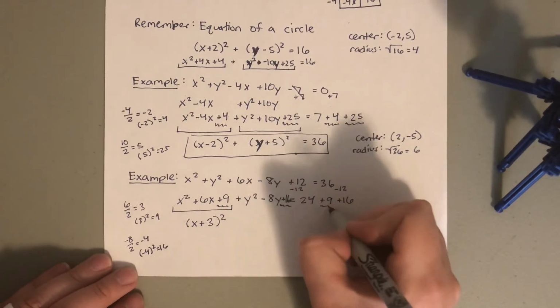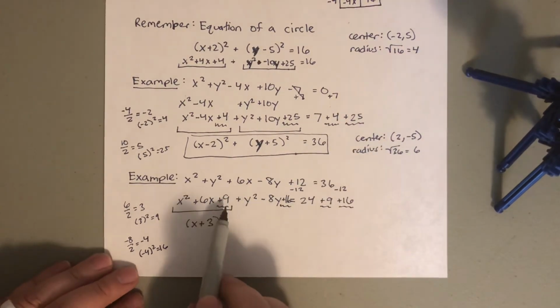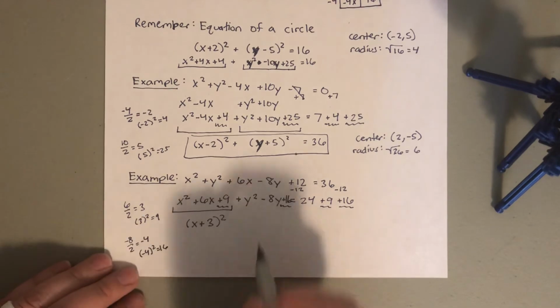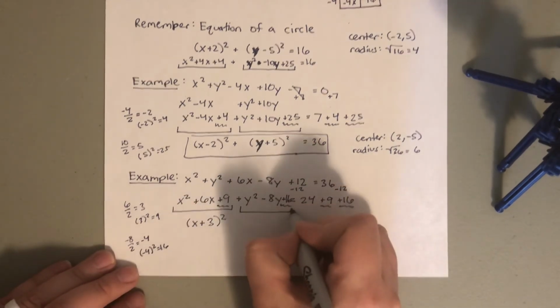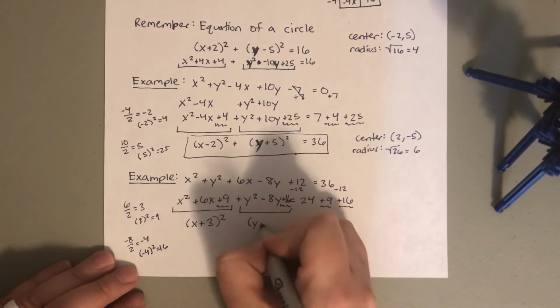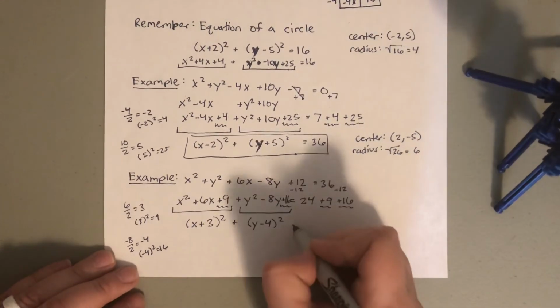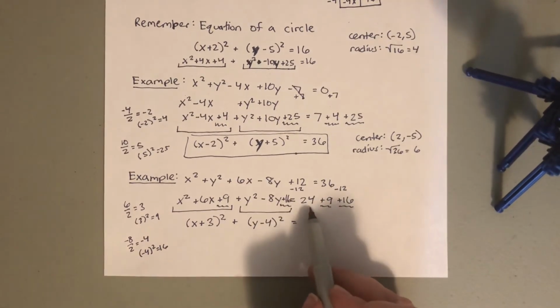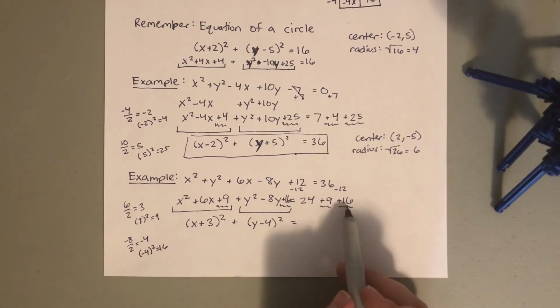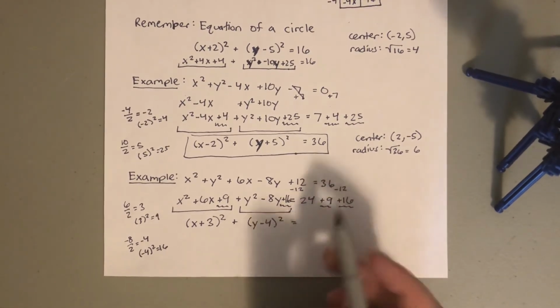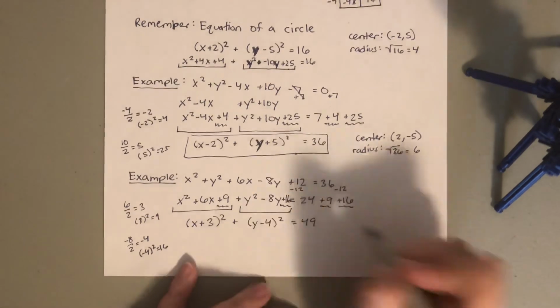So plus 9 and plus 16 matches up with this plus 9 and plus 16. Now this is set up to also be a perfect square. So I have y minus 4 squared equals 25. Well, 9 and 16 gives me 25. 25 and 24 gives me 49.